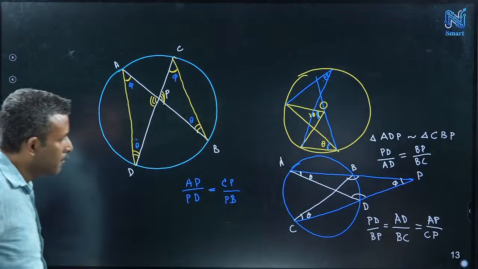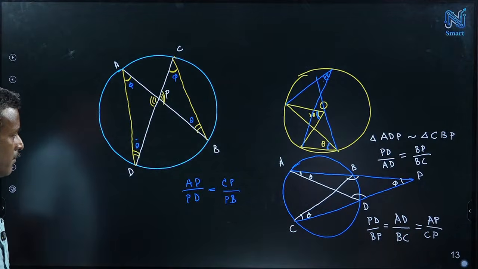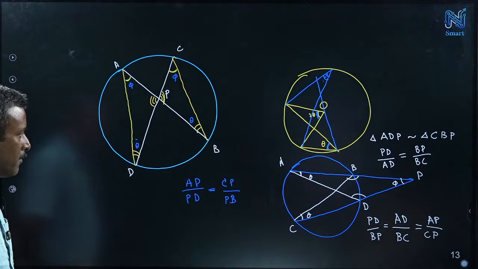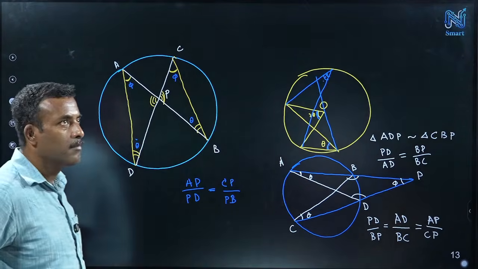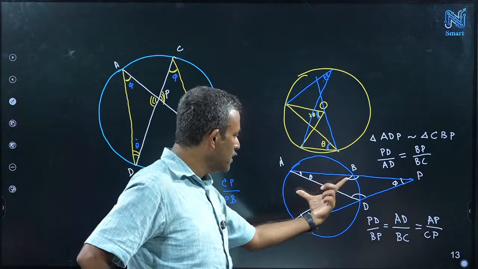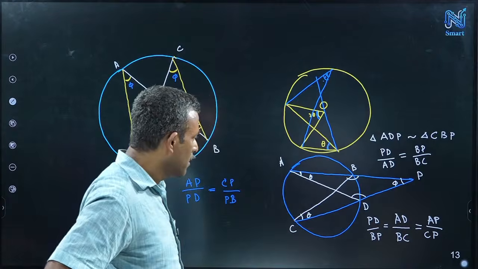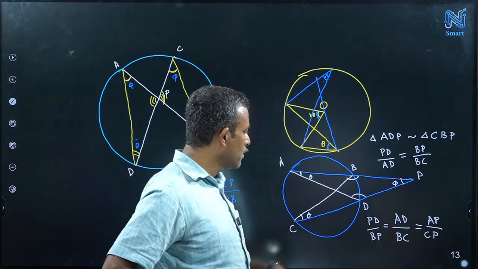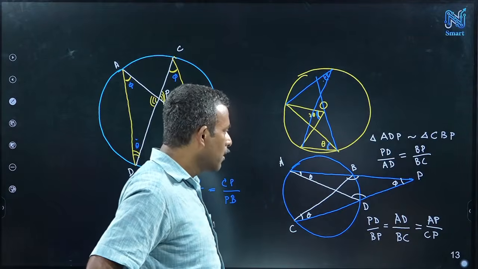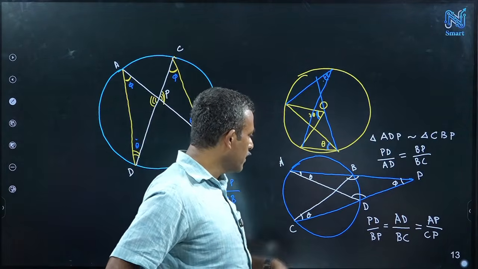Now, AD by BC is the same as what? We need one more triangle, right?